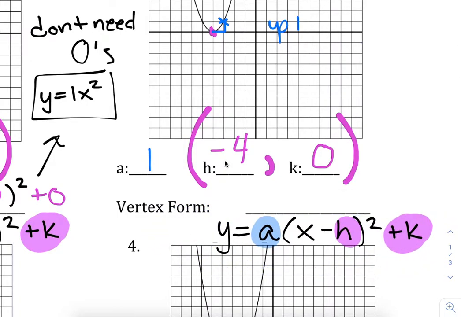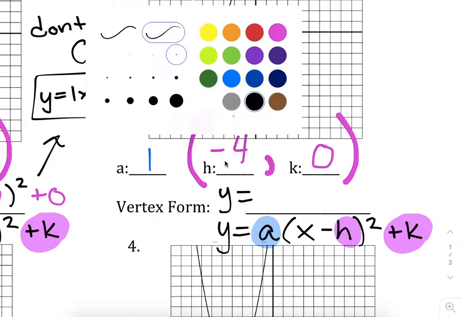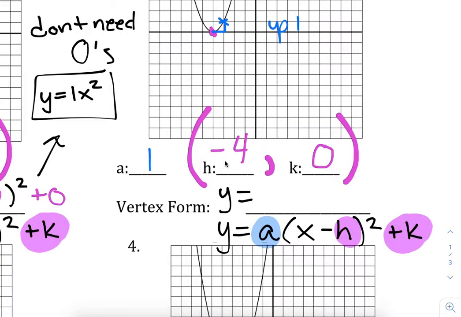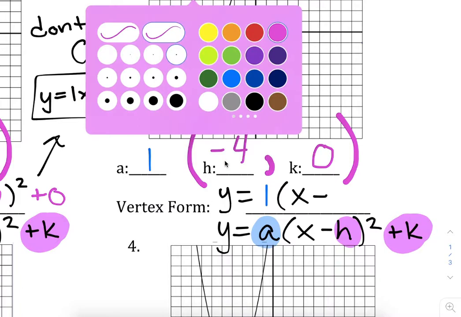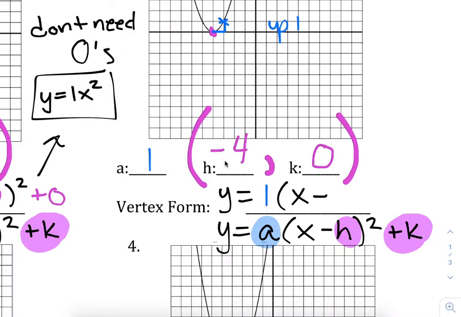All right, so on this problem, start with my black. I'm always using y equals, my a is 1. I'm plugging in x minus. Now, watch what happens. If my h is a negative 4, watch what happens if I do x minus negative 4.